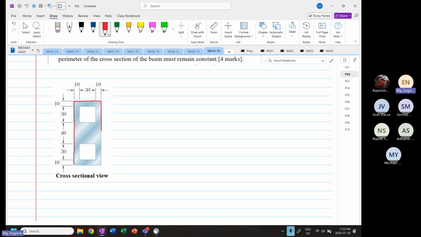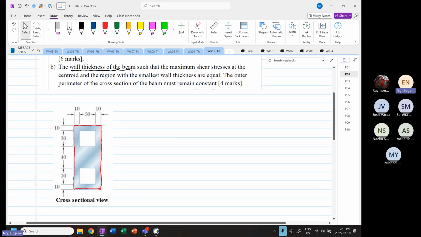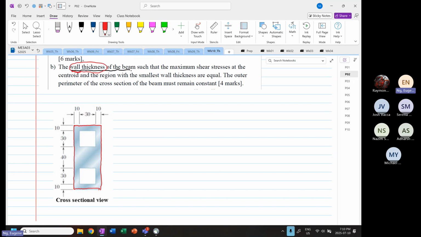It states the wall thickness, so the outer perimeter of the cross section of the beam must remain constant. You're not allowed to adjust the outer perimeter.